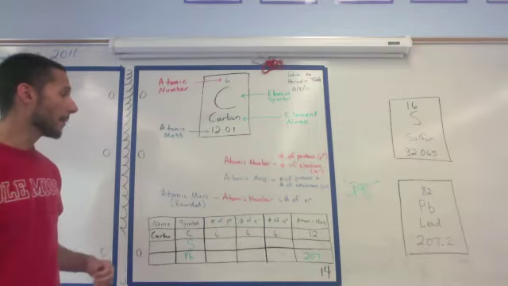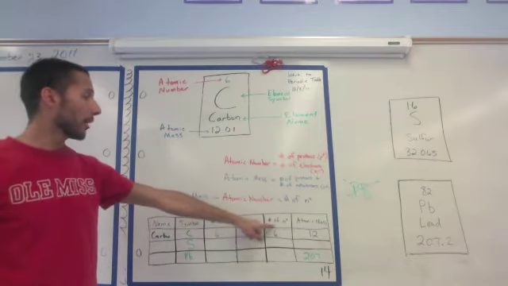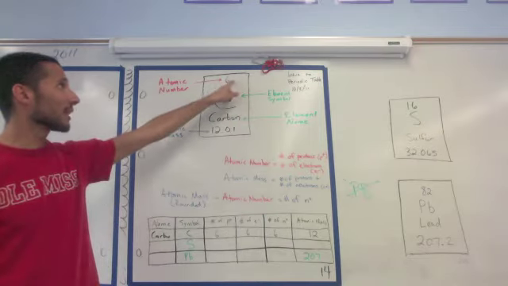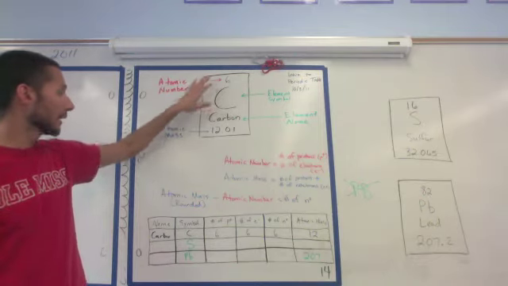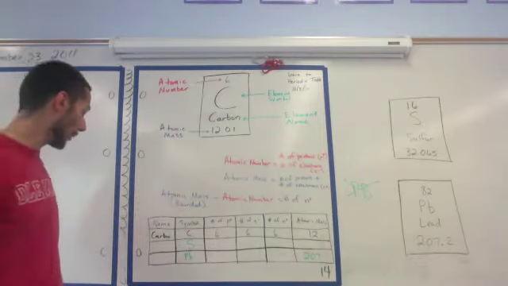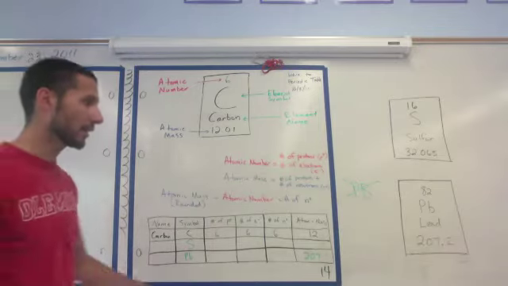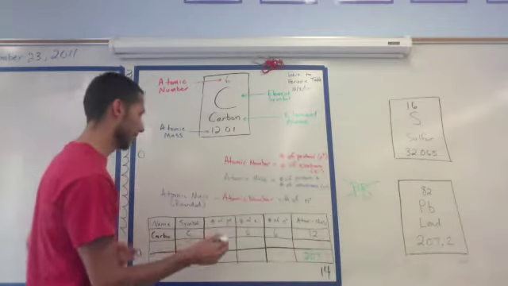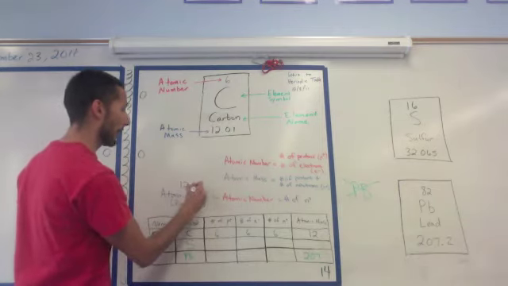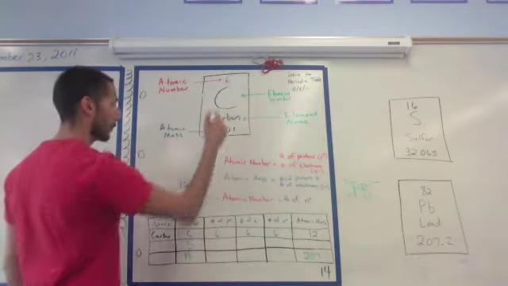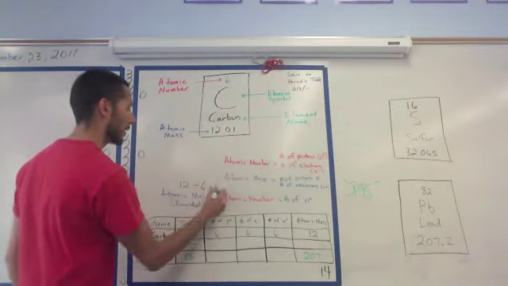Okay? To determine the number of neutrons, I can't just use this number. I had to plug these two numbers into this formula. So what I did was I said atomic mass rounded of 12 minus the atomic number, and that's how I got 6.